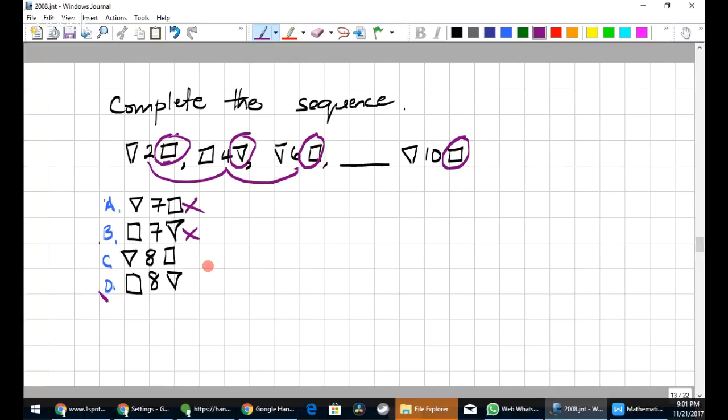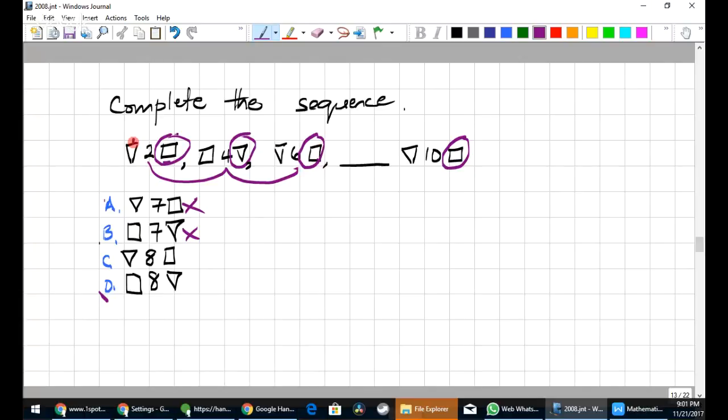You have triangle 2, square 4, triangle 6. Now you're going to put 8 square, 8 triangle. Because you ended with a square, you need to start with a triangle. Every time we start, we change.